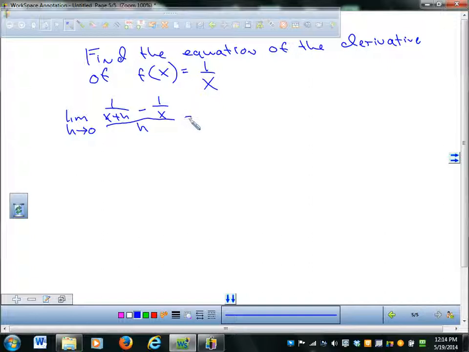Now I do some algebra. I multiply this side by x plus h over x plus h to get a common denominator, and I multiply this side by x over x.